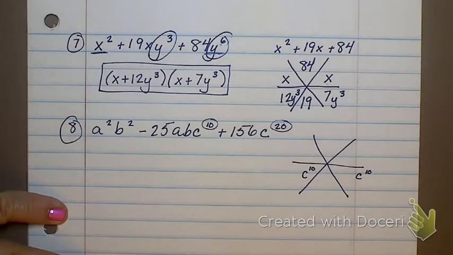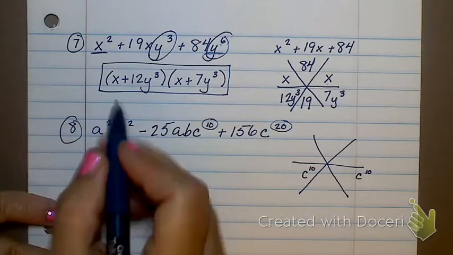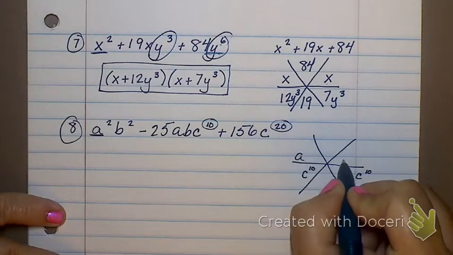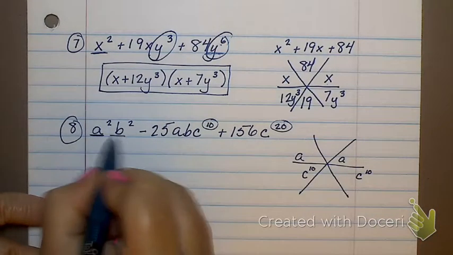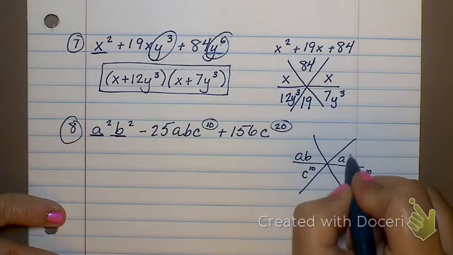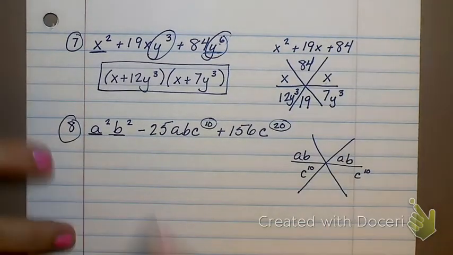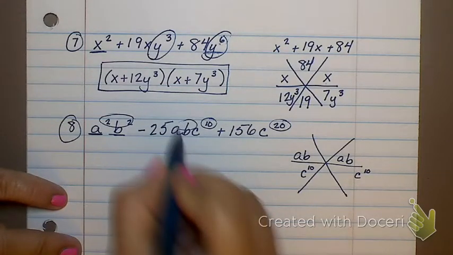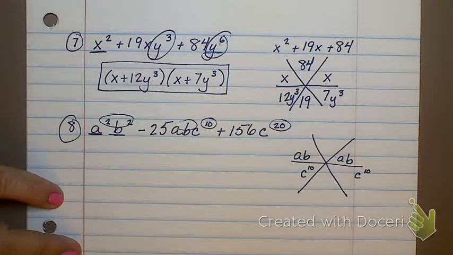What do you notice about the a and the b? They're the same. So in other words, if I have a and I split a up at the top, I'm going to do the same thing with the b because they follow the same pattern. They both have a squared and then they both have no exponent there.